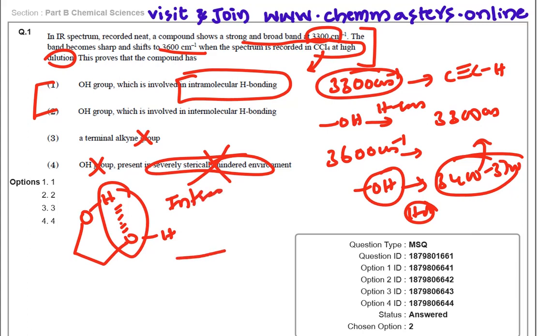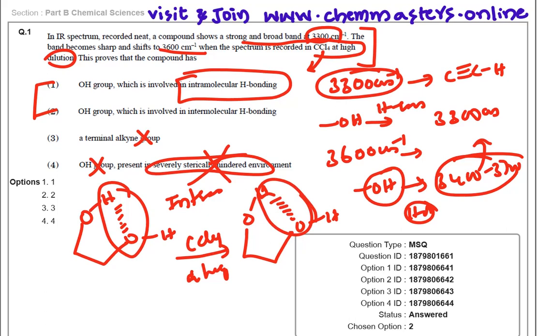Consider if this compound is taken in carbon tetrachloride at a high dilution also, there will be no change in the intramolecular hydrogen bonding, because these functional groups are present on the same compound. That's why dilution doesn't affect hydrogen bonding.